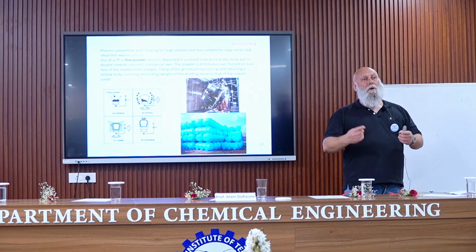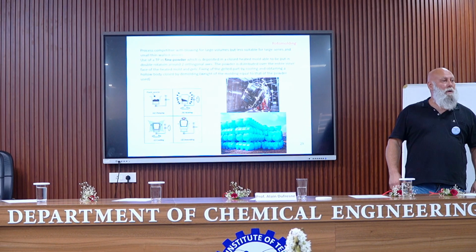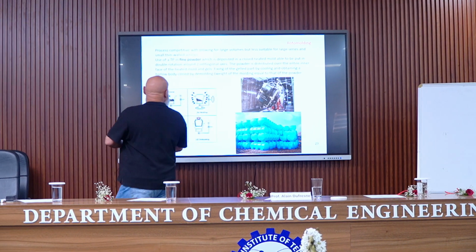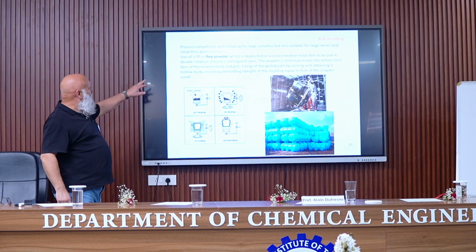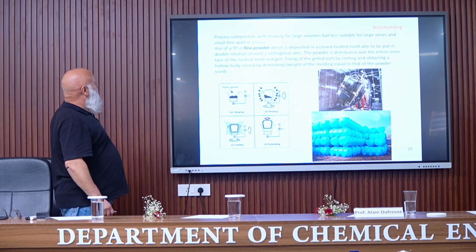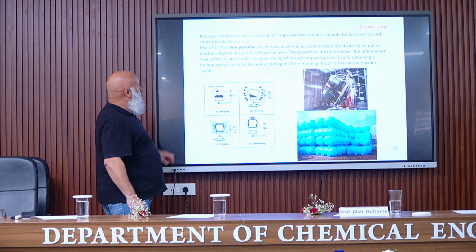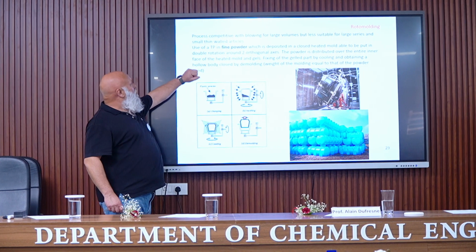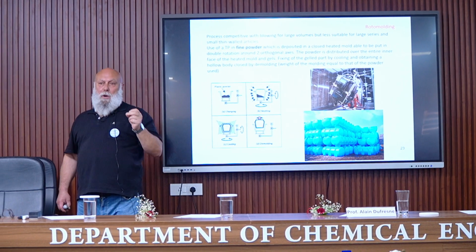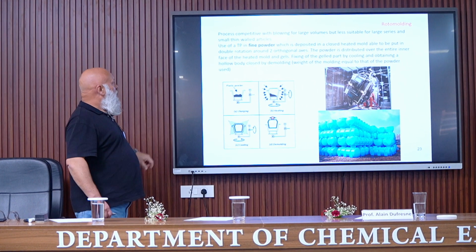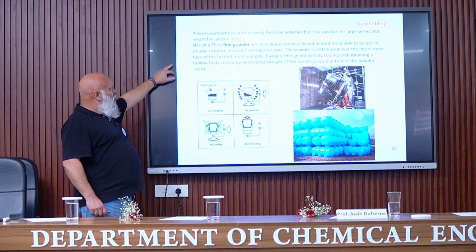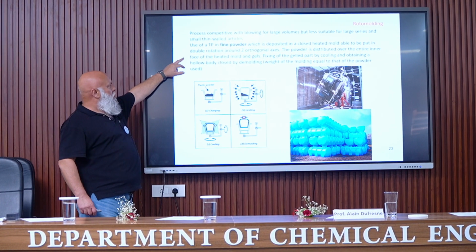It's a process which is competitive with blowing that you mentioned previously for large volume but less suitable for large series and small thin wall articles. It's a thermoplastic which is used, but in the form of a fine powder. It's not pellets. It is deposited in a closed heated mold, able to be put in double rotation around two orthogonal axes.